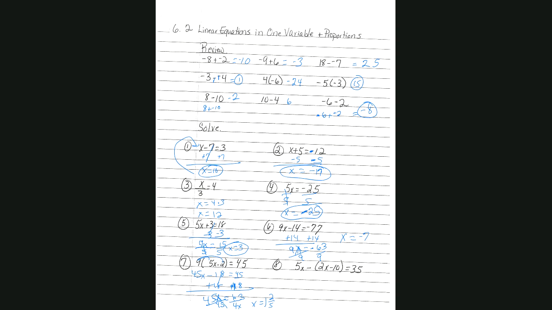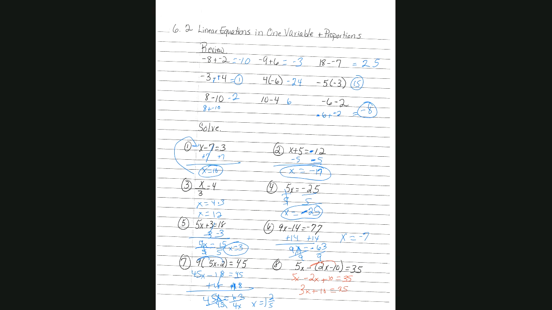All right, on number 8, you have a minus in front of the parentheses, so you need to distribute the minus to everything in the parentheses. So that'll be -2x plus 10. So it's 5x minus 2x, cannot multiply, plus 10 equals 35. So you put like terms together, 5x minus 2x is 3x plus 10 equals 35.